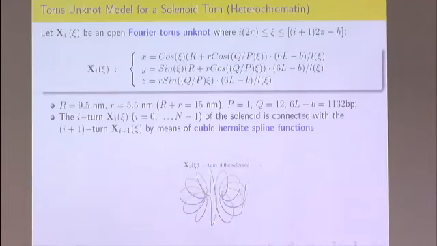Q and P are 2 parameters which tell us how many times the curve travels in the longitudinal direction with respect to the meridional direction. So in this simplified model, because we want the DNA to turn twice around each nucleosome, we fix Q equal to 12 and P equal to 1.